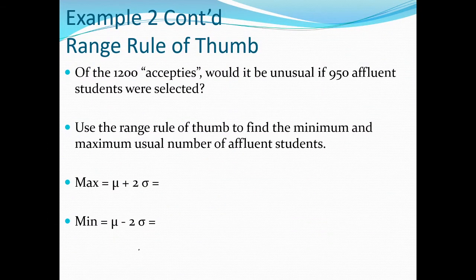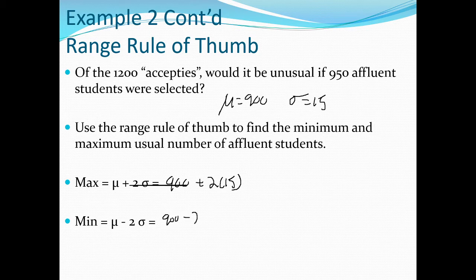Now, again, we can use this to figure out maximum and minimum usual values. So if I have 1,200 acceptees, would it be unusual if 950 of them were from affluent families? Well, let's check. We know the average would be 900, and the deviation we know is 15. We just got that from the previous example. So it'd be 900 plus 2 times 15, and 900 minus 2 times 15.